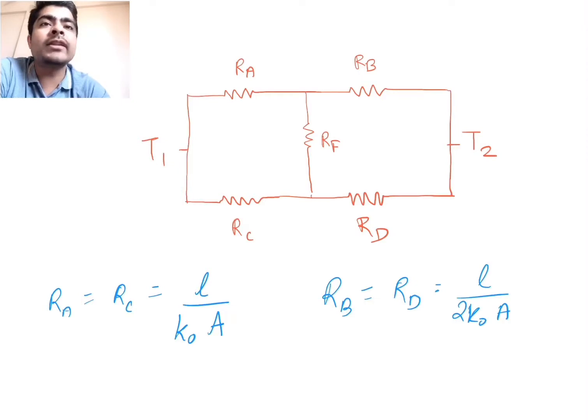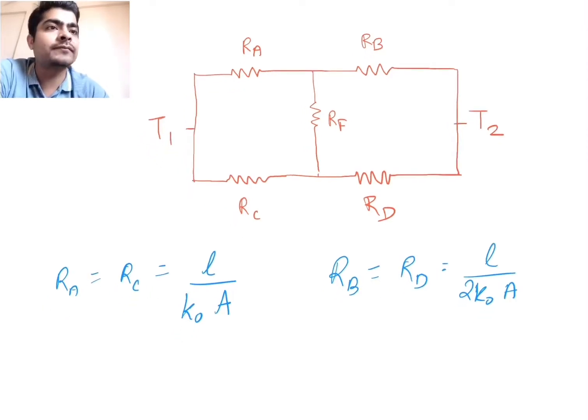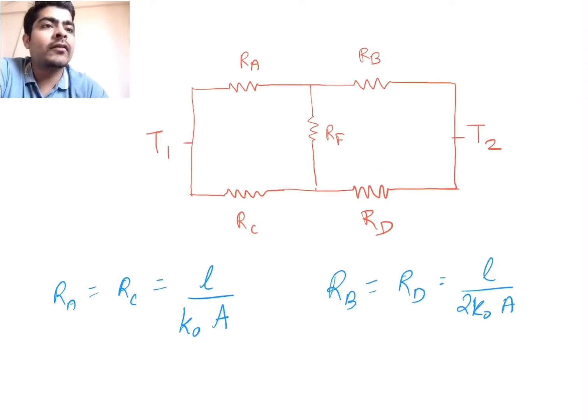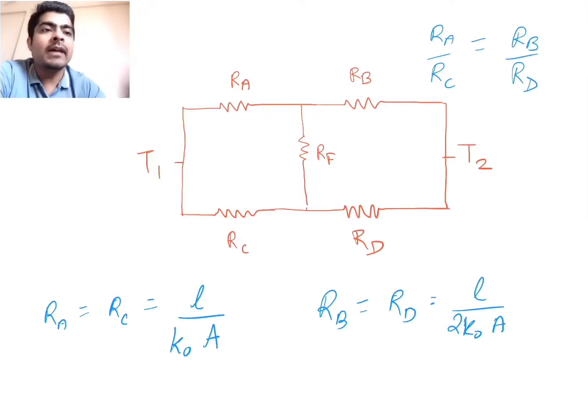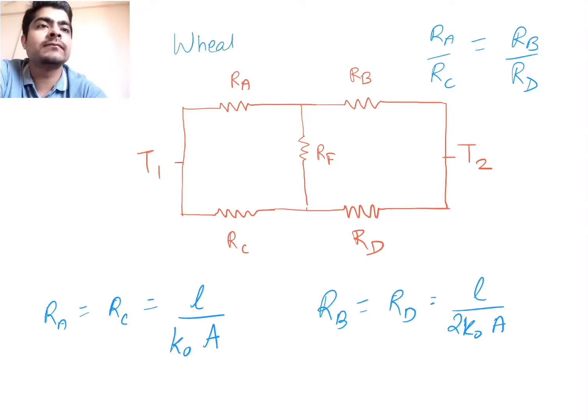So for this circuit we could write down that Ra upon Rc equal to Rb divided by Rd. This is a type of Wheatstone bridge circuit.